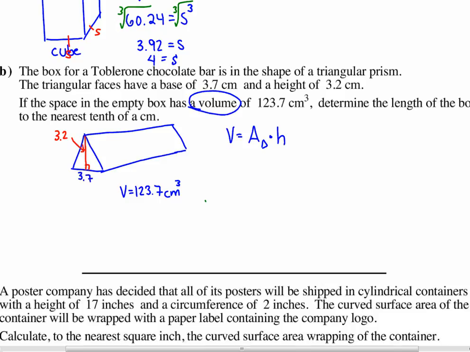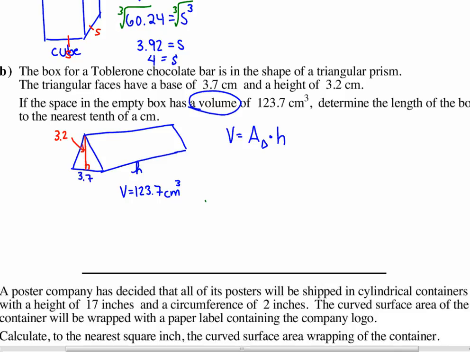Would you agree that the length of the box is the same thing as the height of our prism? If we turn the box, because it's what two shapes are parallel to each other? It's the triangles. So the height is the same thing as the length of the box. So we're looking for H.